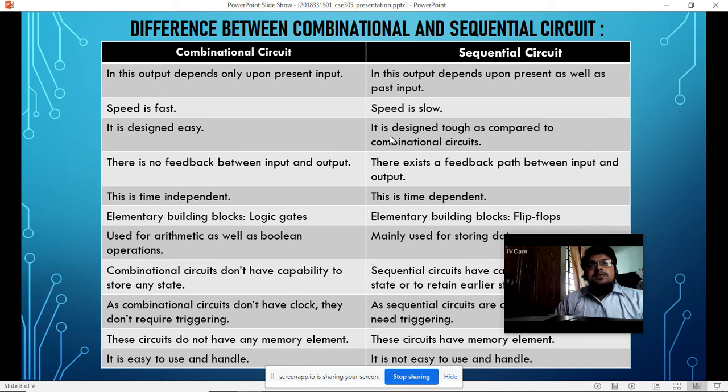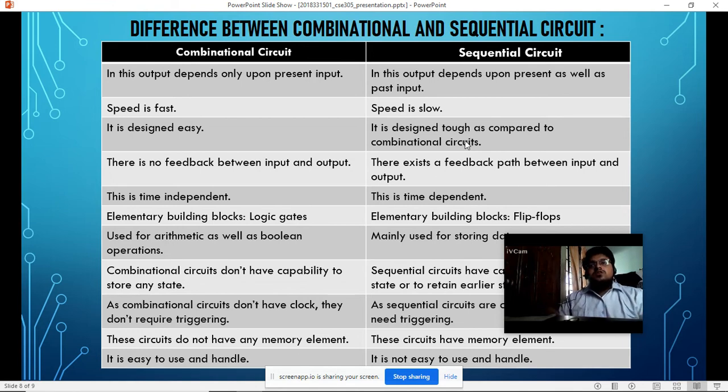It is designed easily, while the sequential circuit is designed tough as compared to the combinational circuit, because we have to add some flip-flops to collect the previous output, or the memory elements inside our memory blocks. The combinational circuit is time independent, and the sequential circuit is time dependent.